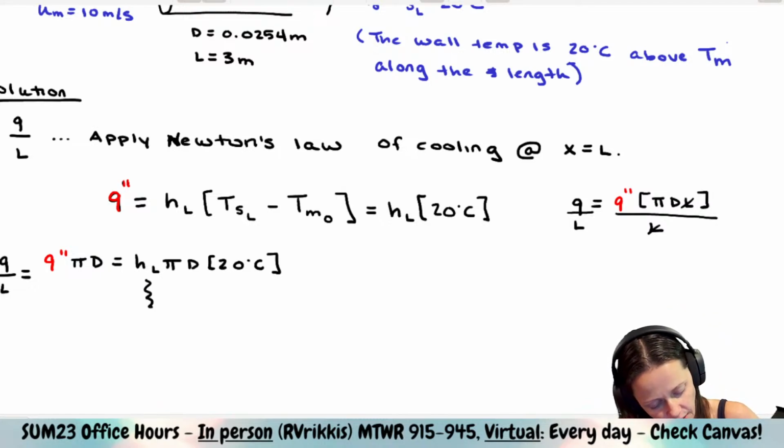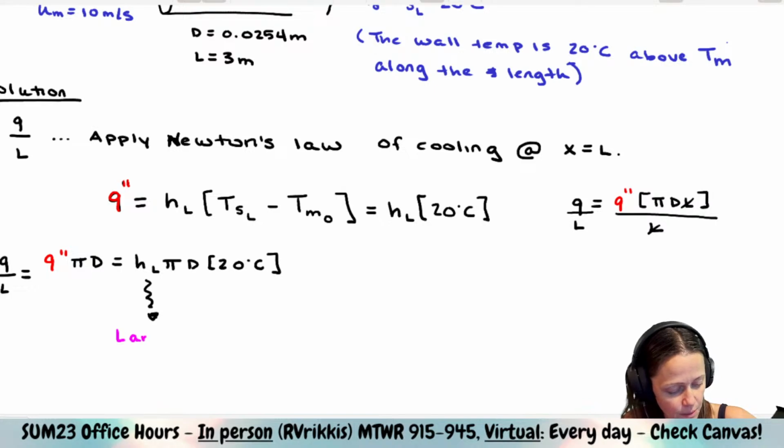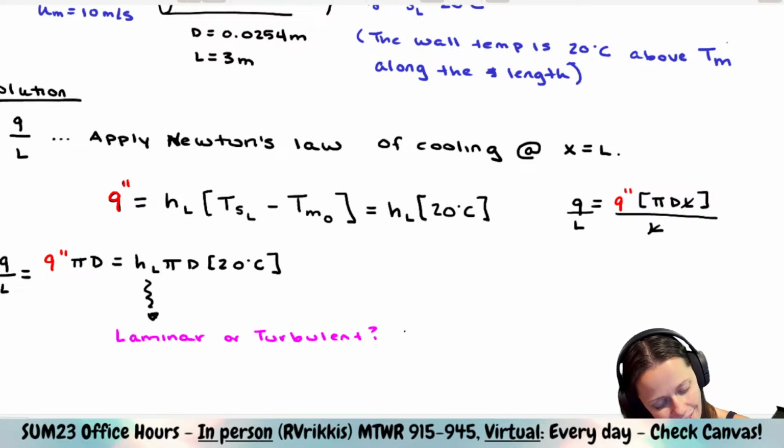So I just need to calculate this guy. I'm going to do the same thing that I always do. First of all, figure out, is it laminar or is it turbulent? So I've got to calculate my Reynolds number.